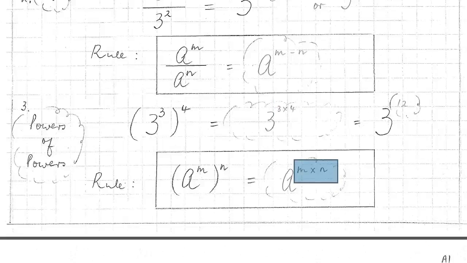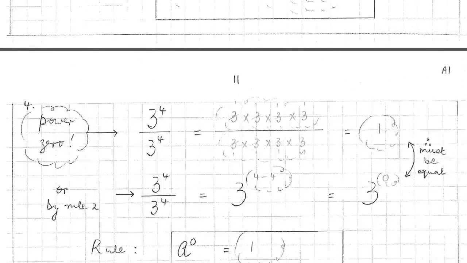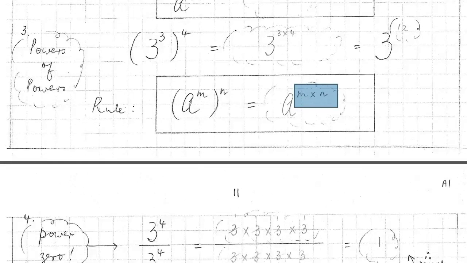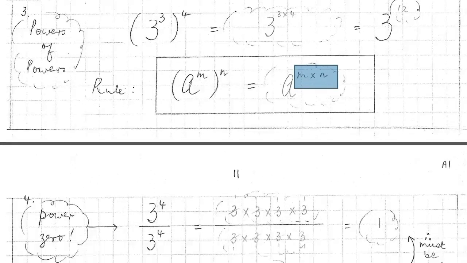Right, our fourth idea is the power 0. Let's see where that comes from. If you've got 3 to the power 4 divided by 3 to the power 4, well, then you've got 3, 3, 3, 3 on top in a product, and the same on the bottom. The 3's will all cancel out on the top with the bottom, and we'll land up with 1.